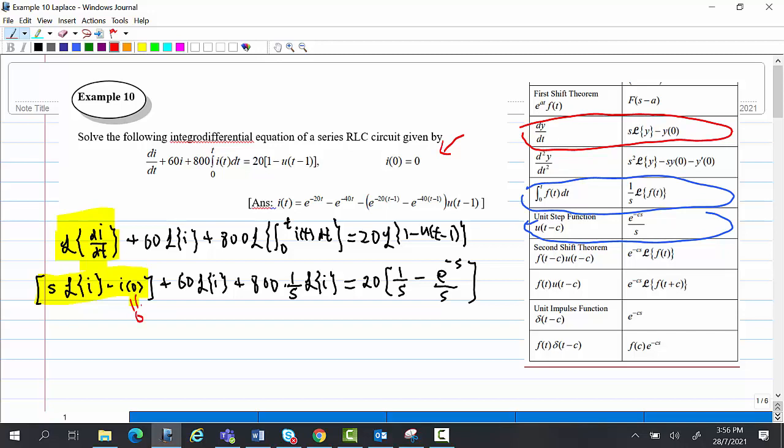And then we collect all the Laplace transform of i together.